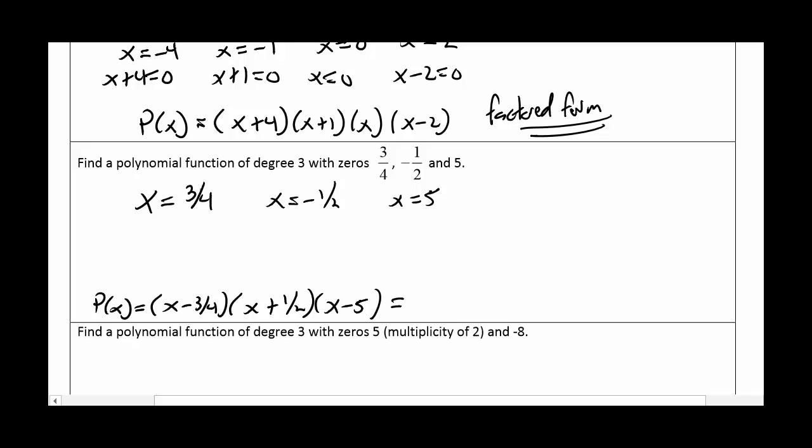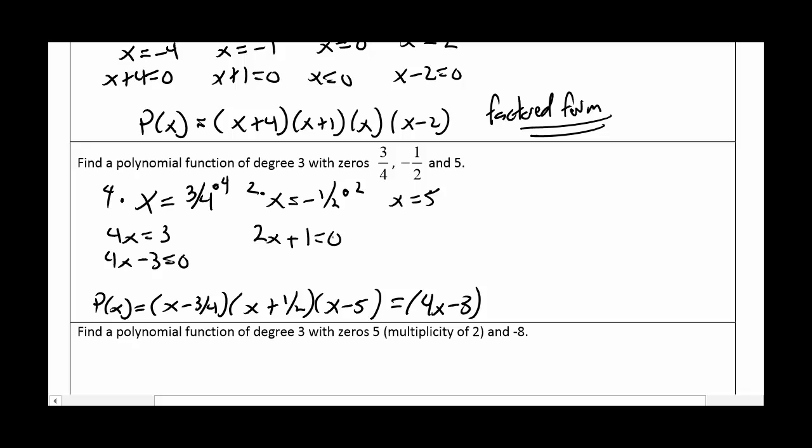So in this first factor, if I multiply both sides by 4, I get 4x equals 3. So 4x minus 3 equals 0. It's typically how we see that here. If I multiply both sides by 2, I get 2x plus 1 equals 0.